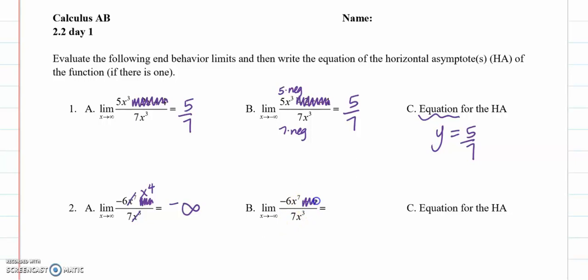Same thing happening in part B. A negative to a power of 4 is positive, and so you have the minus infinity for this limit. Therefore, there is no horizontal asymptote because there is no limiting value. We would say that the function diverges and it just keeps going down to negative infinity forever.